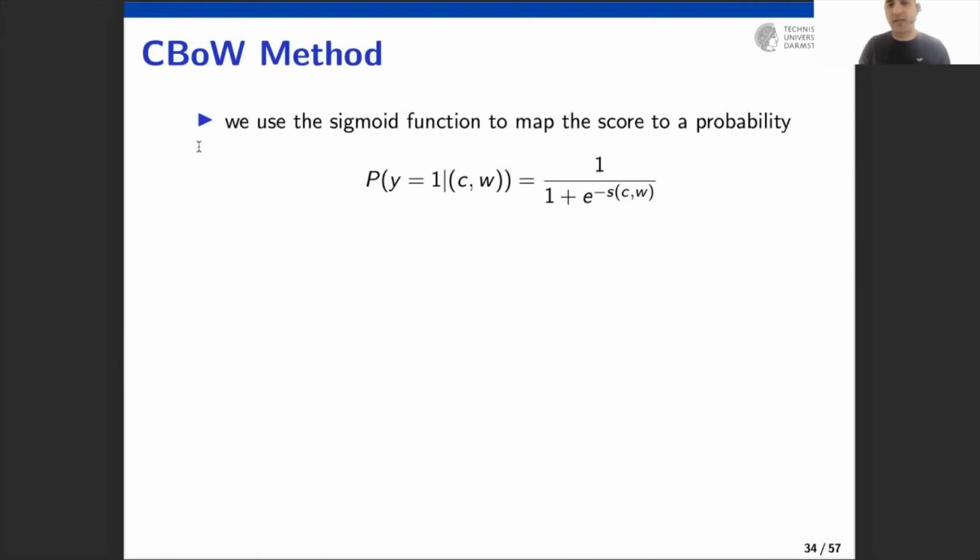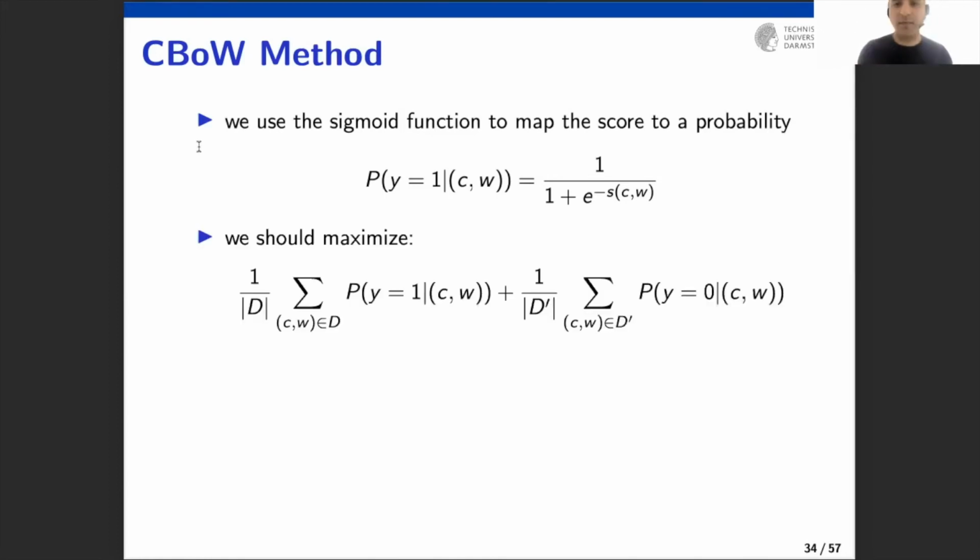So the probability of y equal 1 equals the output of the sigmoid function for the given score.